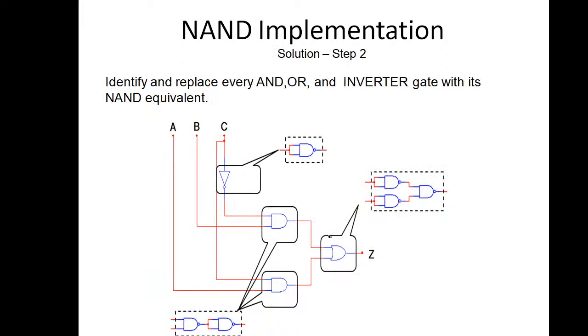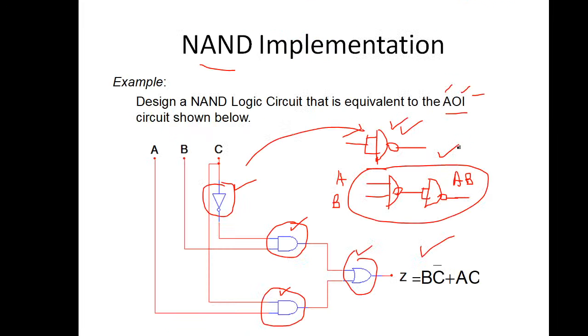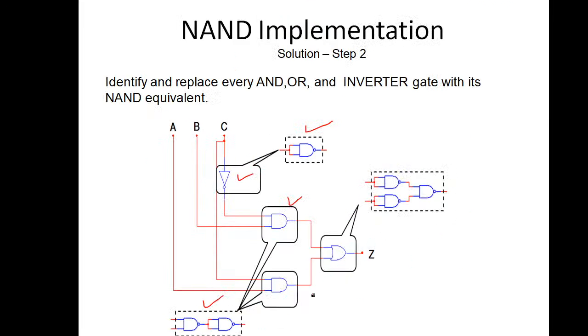Now see this one. In this circuit diagram you can see I have replaced this NOT gate using the shorted NAND gate. I have replaced this AND gate with this diagram. In the previous slide also I have shown this diagram, right? So this diagram was the equivalent AND diagram using NAND, okay? For this AND gate I will be using this diagram here.